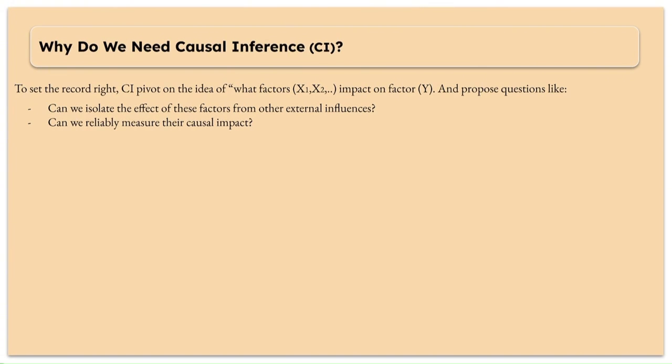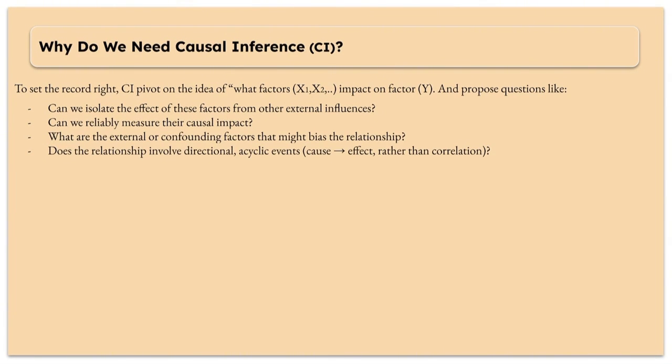Why do we need to use CI? To set the record right, CI pivots on the idea of what factors x1, x2, etc. impact the target response. Y represents the target response, and we propose questions like: can we isolate the effect of these factors from other external influences? Can we reliably measure their causal impact?